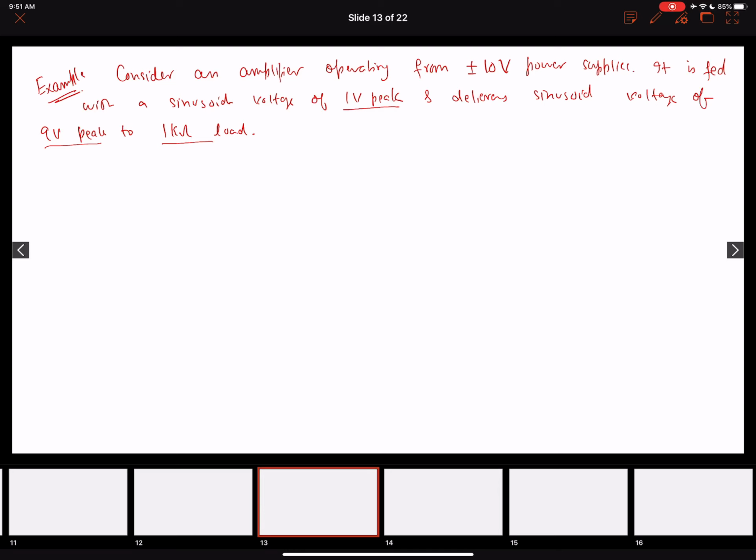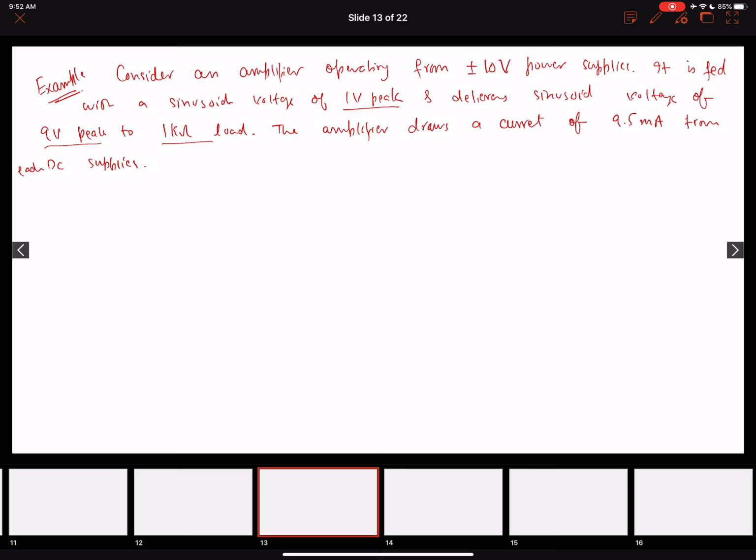Okay, the amplifier draws a current of 9.5 milliamperes from each of the DC supplies.